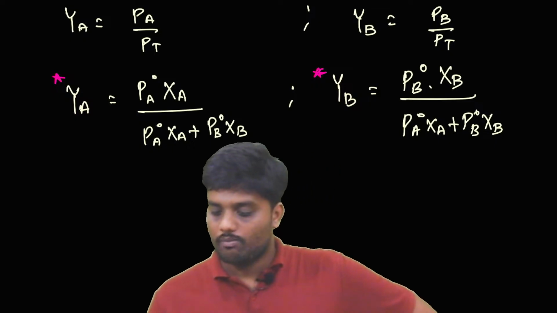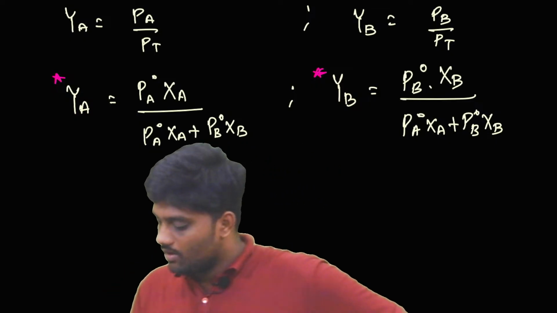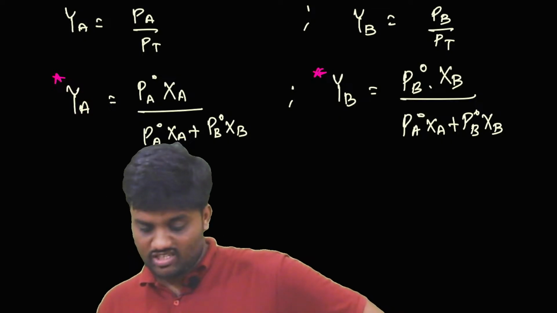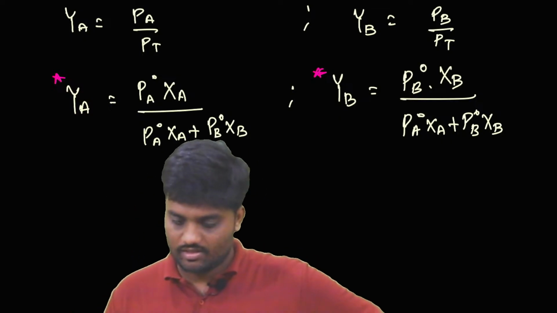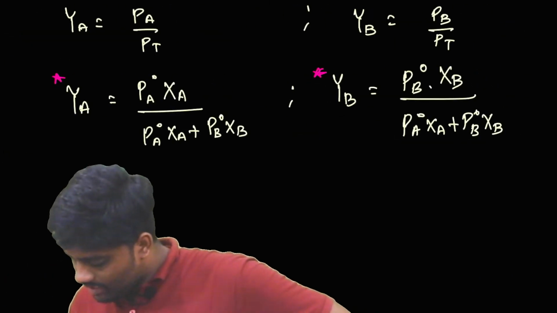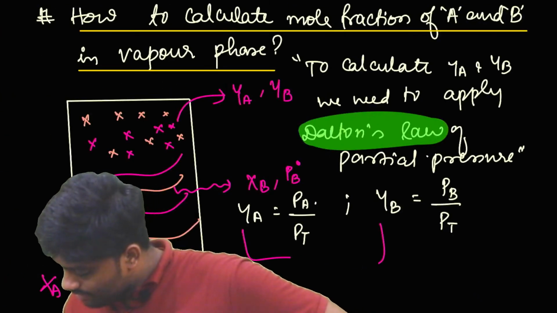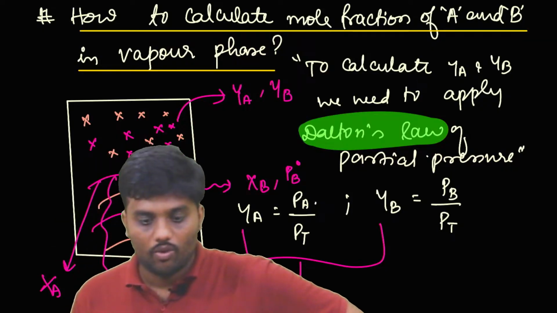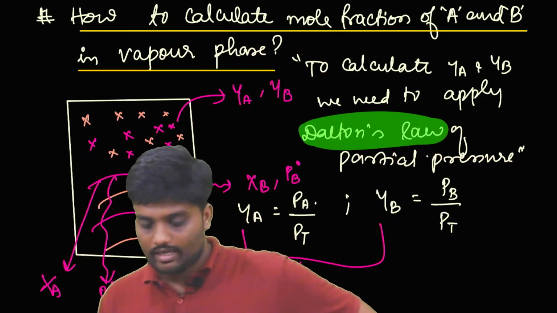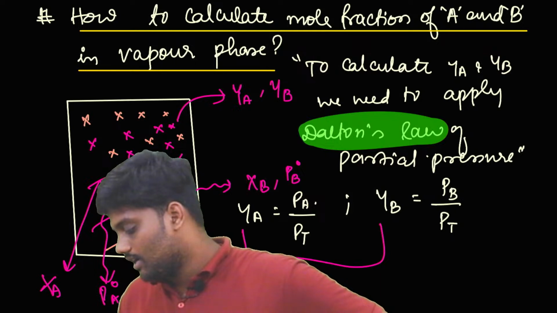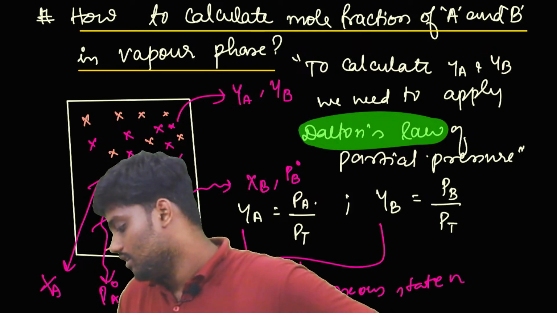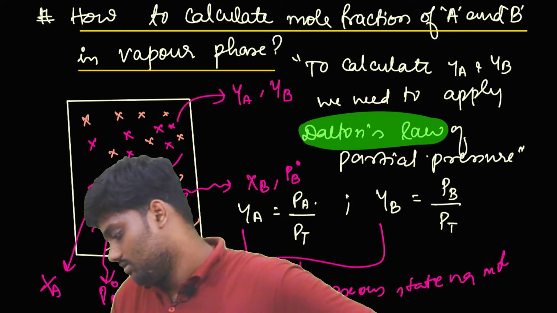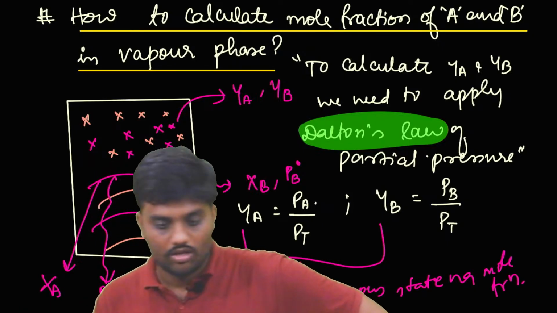If I go for a comparison like the mole fraction of Ya upon Yb in the gaseous phase, gaseous state. Here Ya and Yb are the mole fraction of the gaseous state.